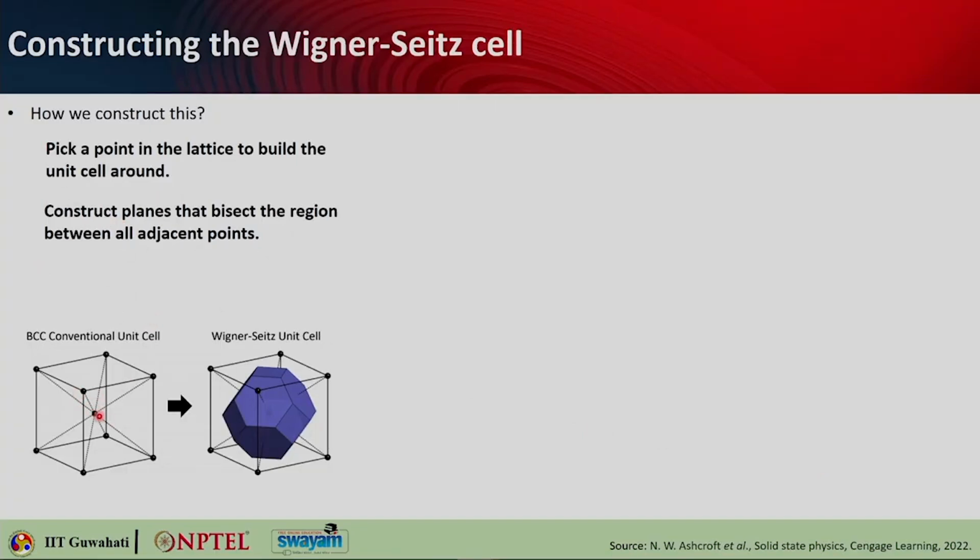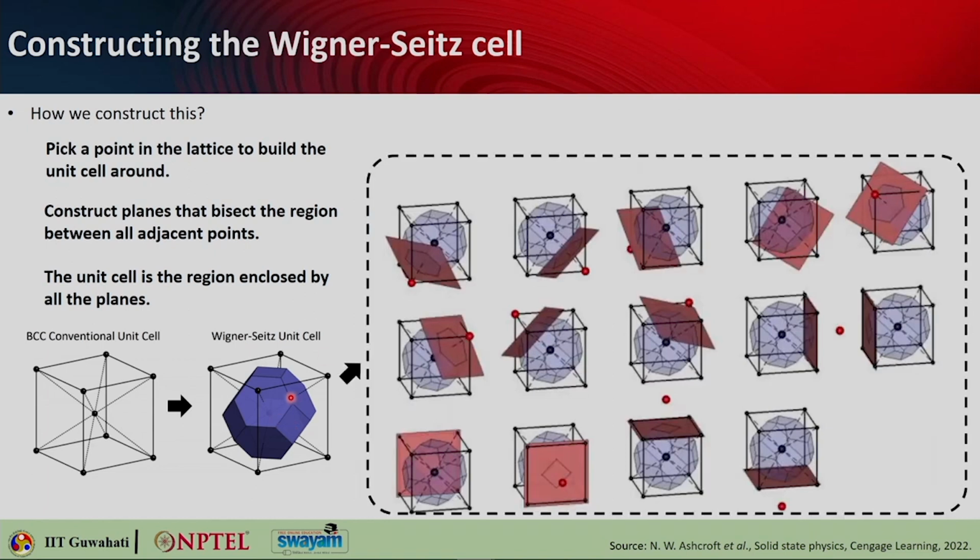So let us pick this particular point, and then for this point construct planes that bisect the region between all adjacent points. From this point to this point, this is the connecting line, so you put a plane that bisects that region. Similarly, for this to this, you put another plane that bisects this region, and so on. When you add up all of this, you will get this kind of unit cell region that is enclosed by all these planes. So this is how the construction is done, as you can see.